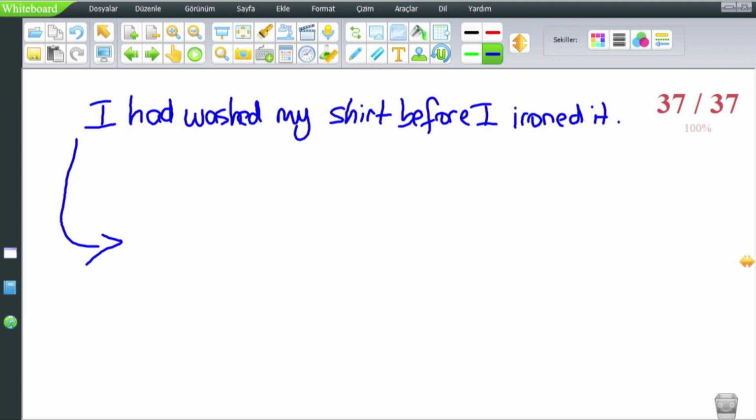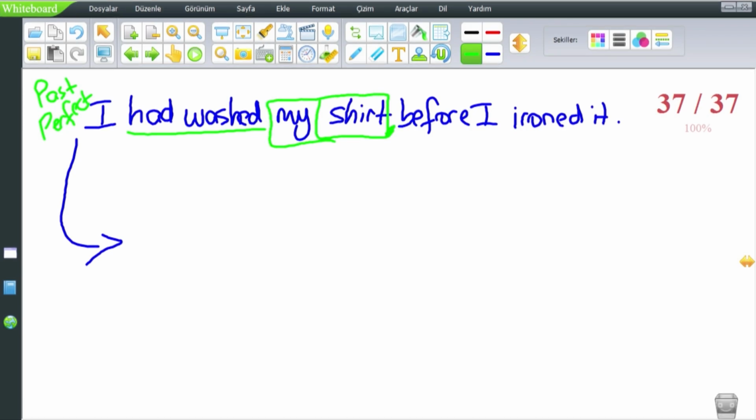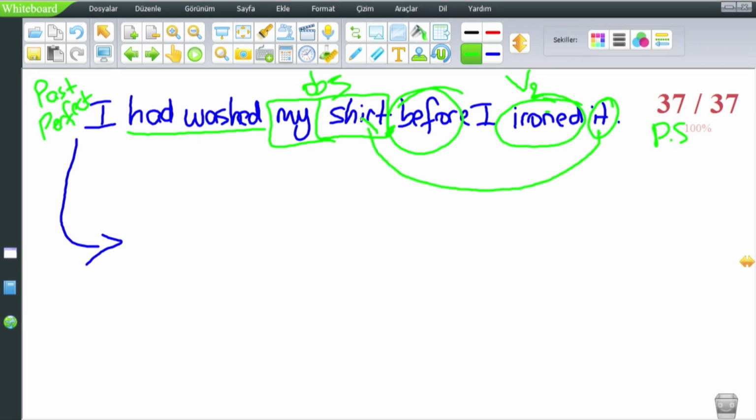Now, I'm looking at here first, I saw past perfect, and the object is my shirt. Looking at here, I see before, and our tense here is verb 2, past simple. And looking at my object, it, which refers to, again, the shirt. Our object is the same.